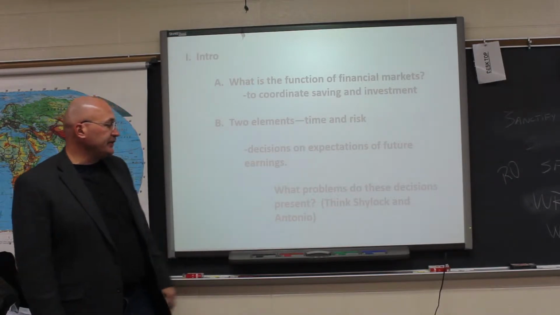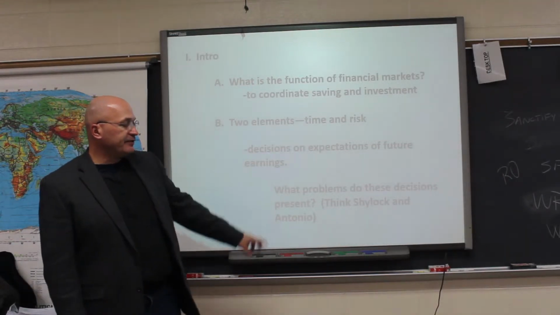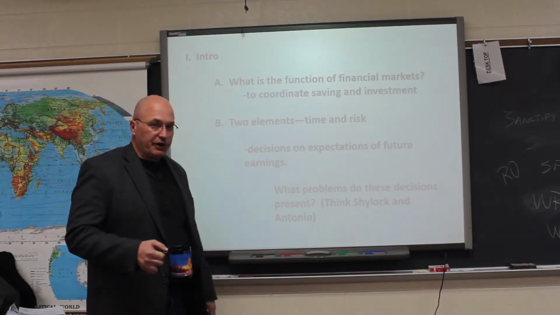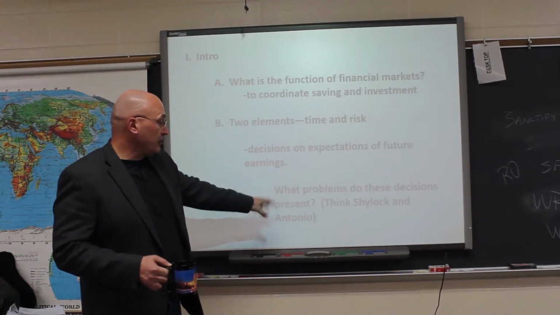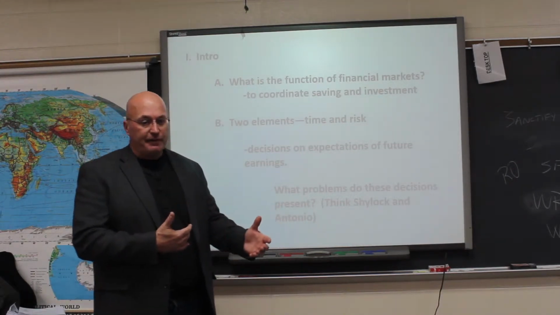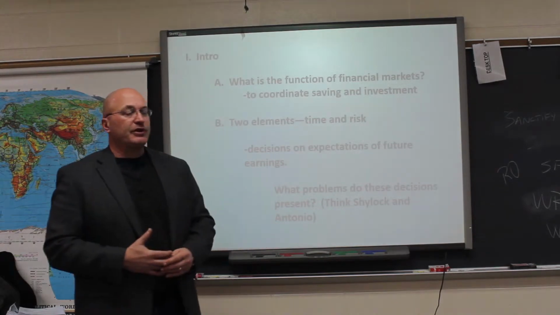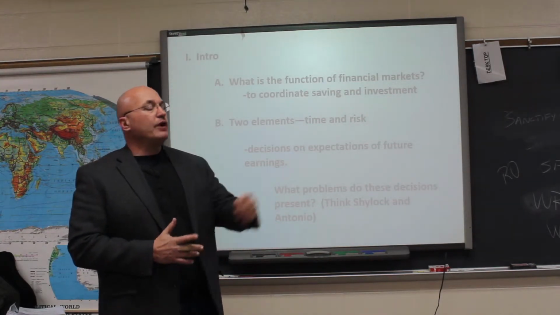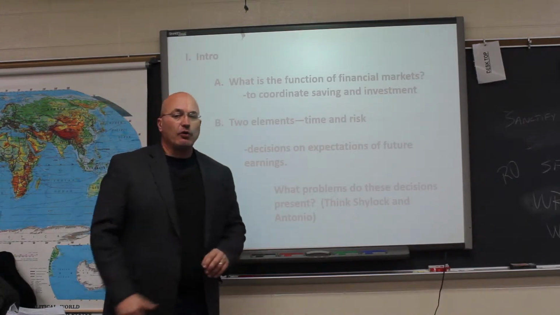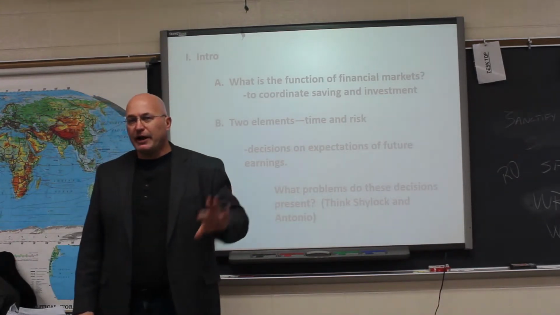We've watched a video on Shylock and Antonio in Merchant of Venice. Shylock and Antonio are going back and forth. How long do you need the 3,000 ducats? And what's the rate? The interest rate is the cost of borrowing money. That's what they're going back and forth on.